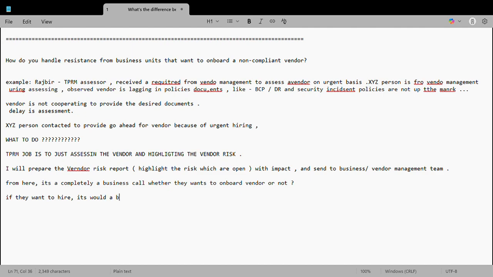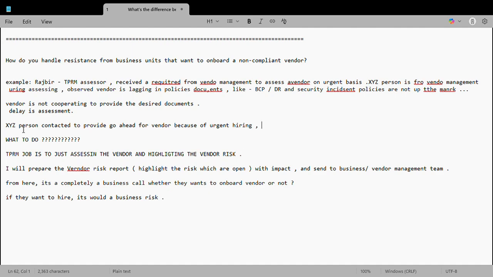If they want to hire, it would be a business risk, because you had clearly highlighted the vendor risk in the vendor risk report, with impact, that yes, the vendor is non-compliant and these few documents are required from the vendor side to fulfill compliance.